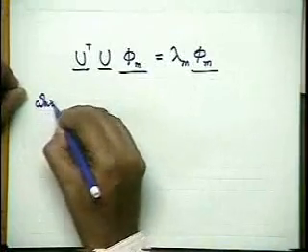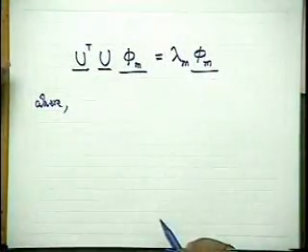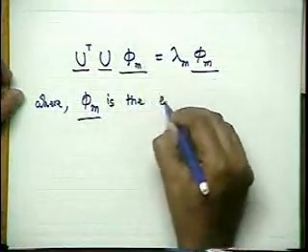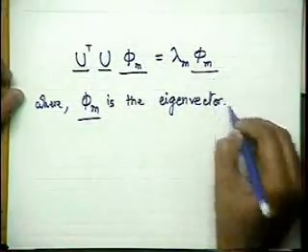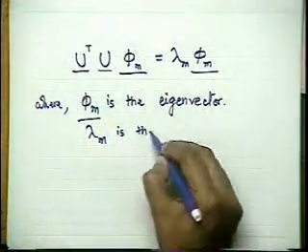If it satisfies a relation like this for a vector phi m, what should you call it? Phi m is the eigenvector. And lambda m is the corresponding eigenvalue.